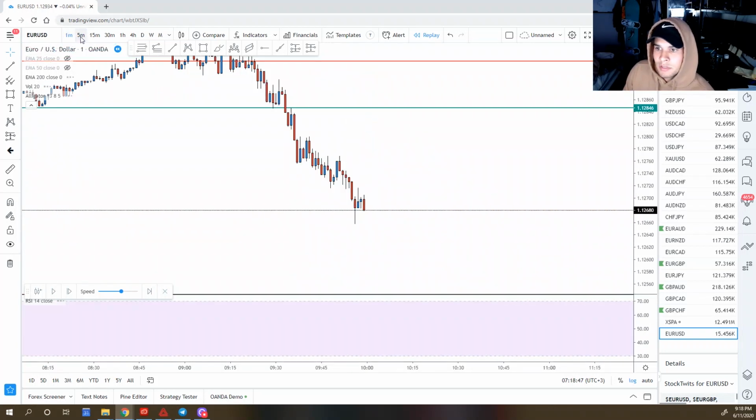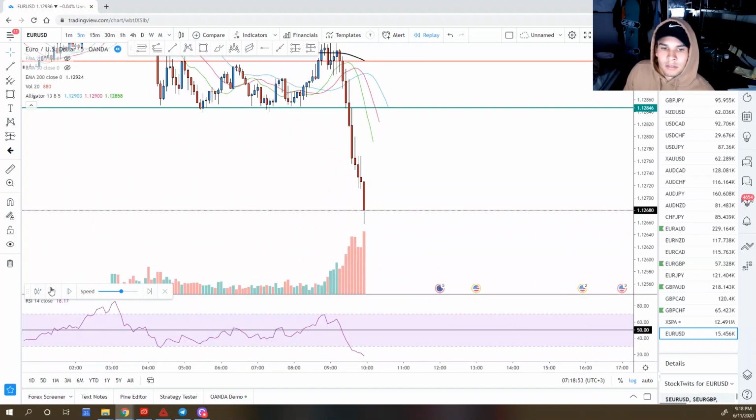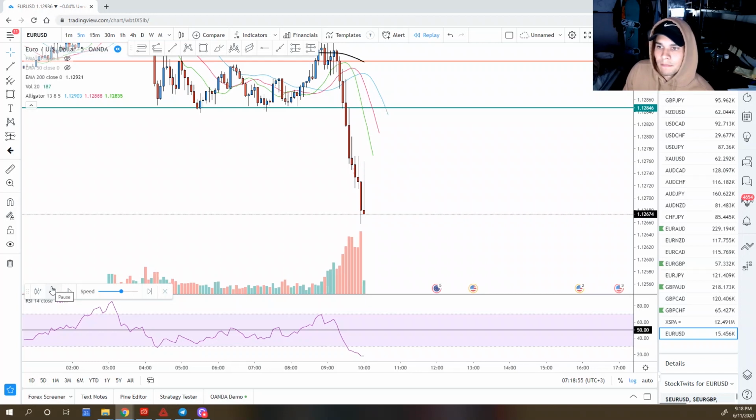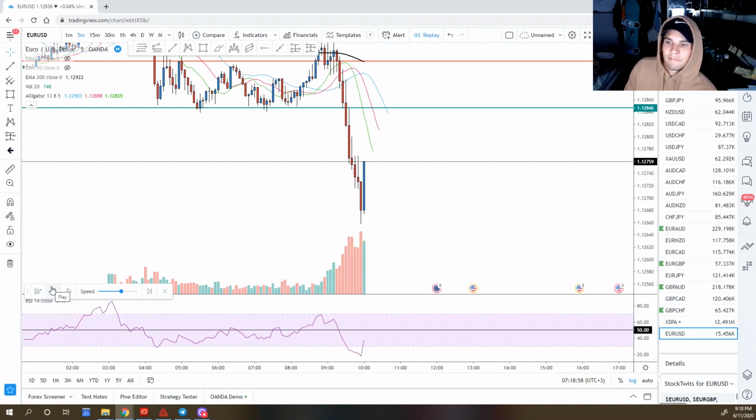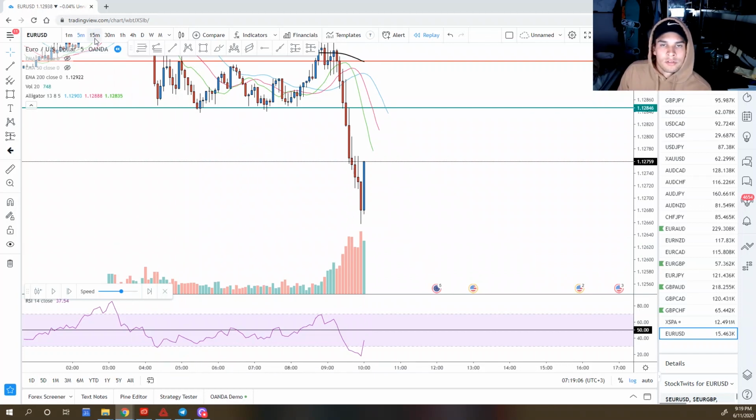1 minute, see what's up with that. Still nice and spread out. RSI looking good. Now we get a fat blue candle for the 5 minute, just coming out of the oversold territory.